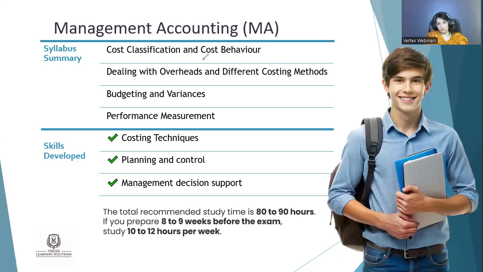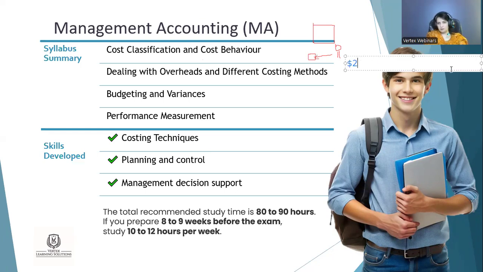Cost behavior, how costs behave in certain situations. Let's see: there is a business, a factory, and employees, or labor, are working. You want to produce one product, and you tell the labor that for each product he makes you will give him, let's say, $2.